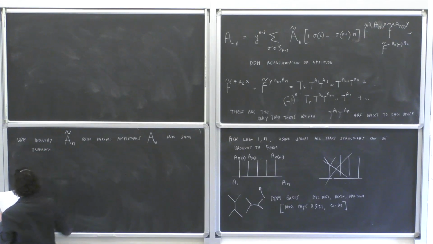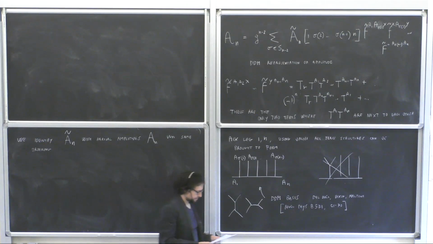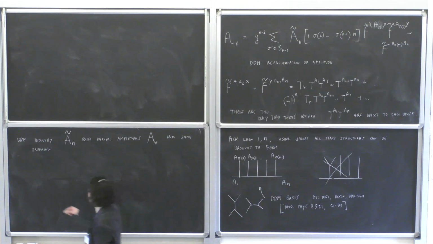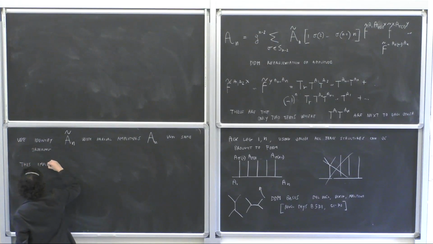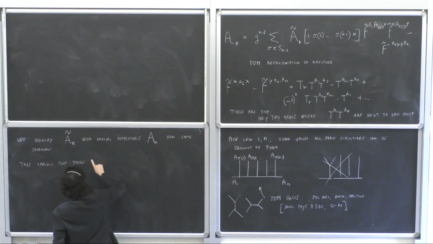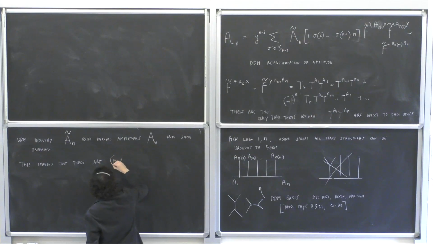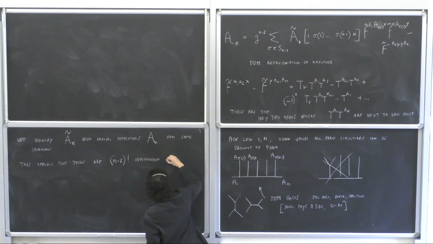So in other words, this implies that there are, I should say, n minus 2 factorial independent partial amplitudes.